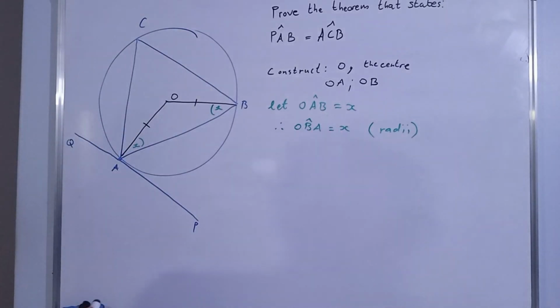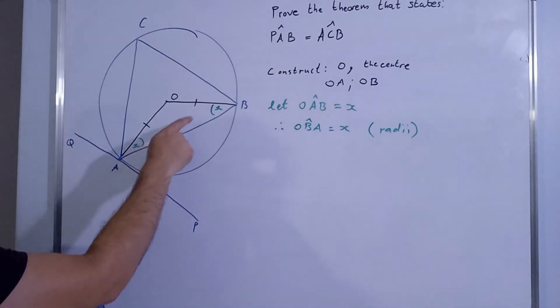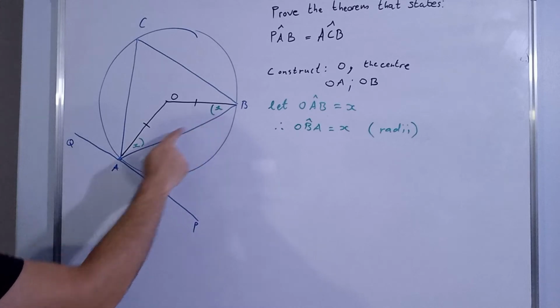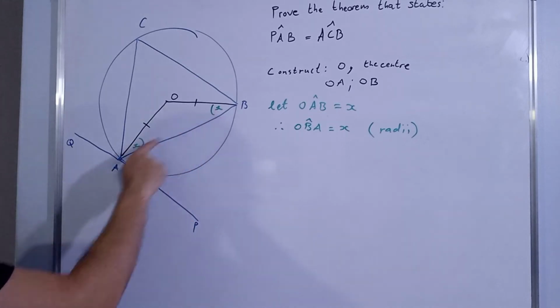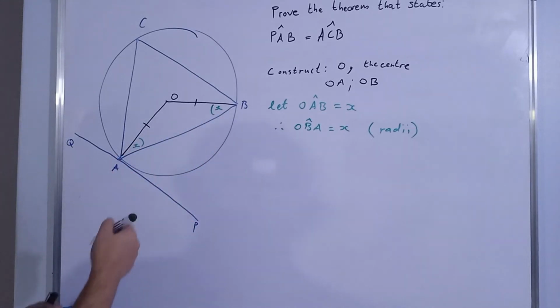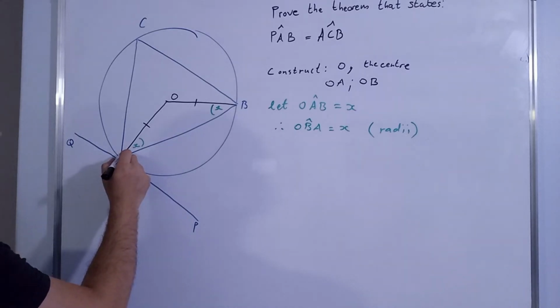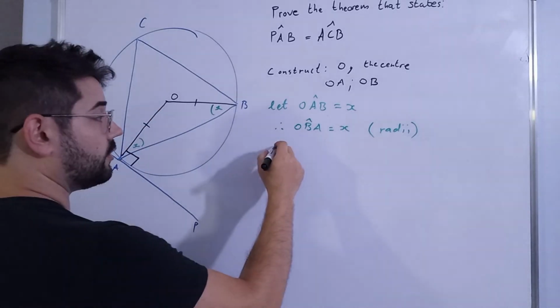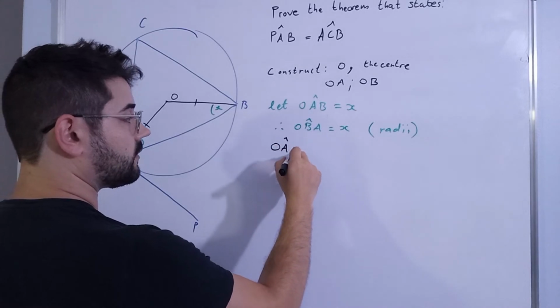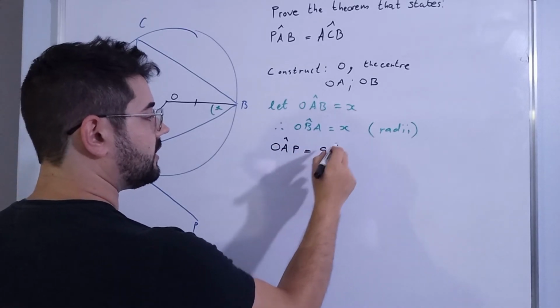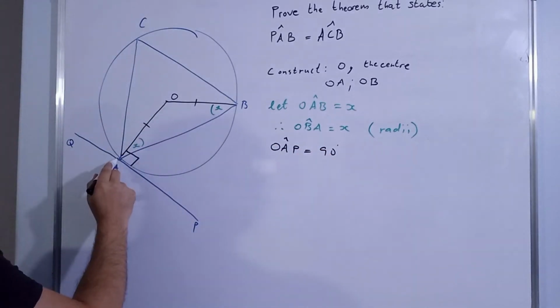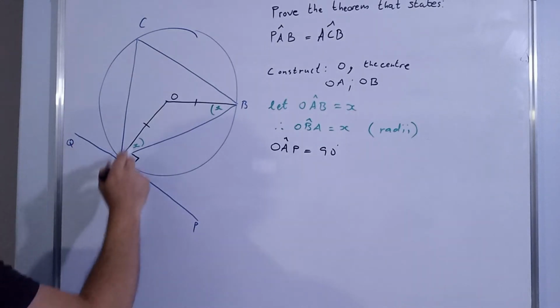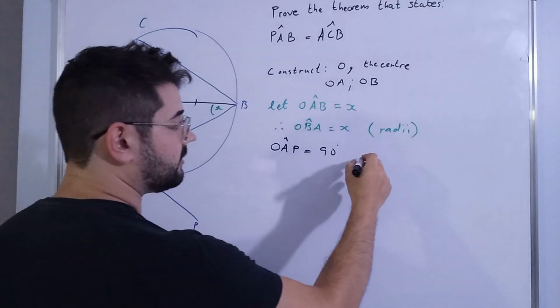Now before we go any further, it's going to be important later on down the line that we know what BAP is. So let's start off here by just stating that OAP is 90 degrees. That's OAP over there. OAP equals 90 degrees. And why is that? That's because we've got a radius and our tangent, PQ. So the tangent is perpendicular to the radius.